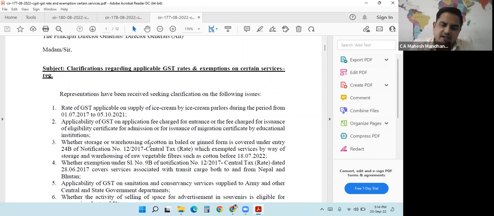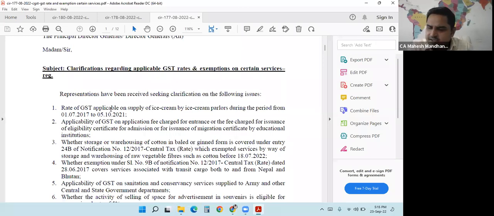Number 1, supply of food by cloud kitchens or centralized kitchens will be liable to tax as a supply of restaurant service.